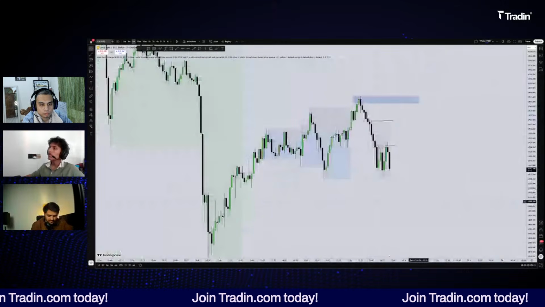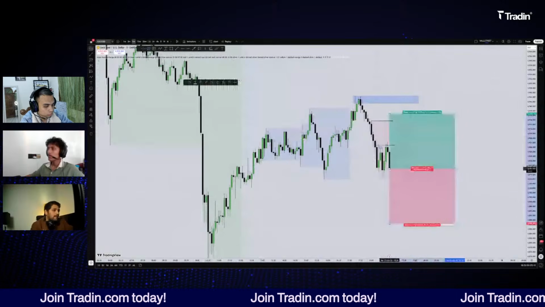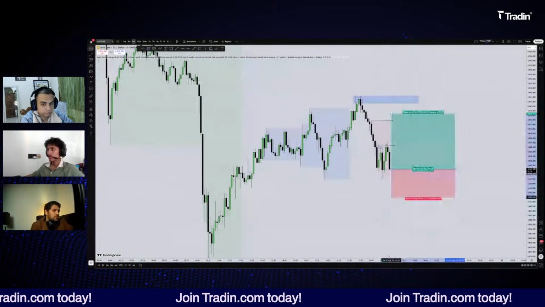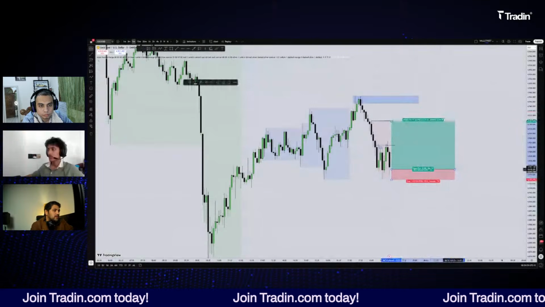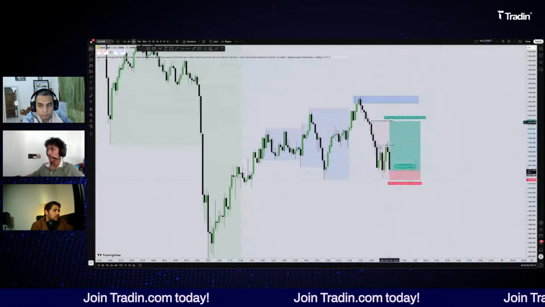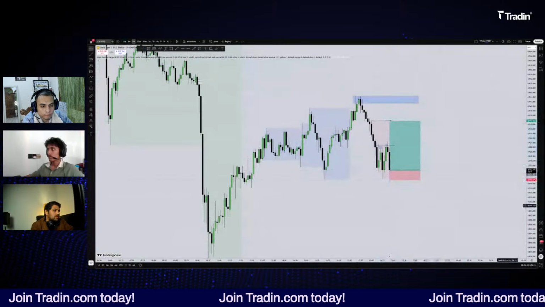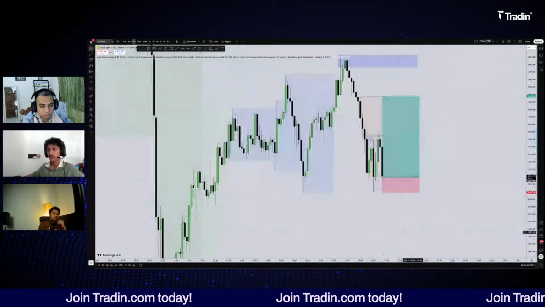Guys, I'm gonna place a small buy right here, with a very small stop loss below NY lows, and I'm gonna target NY highs. That's like a 1 to 5. Let's see. Very small risk on this one because the momentum is bearish and my stop loss is NY lows.